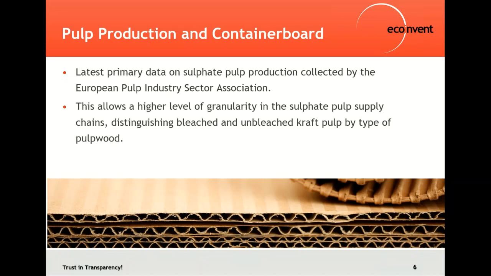So this is allowing, again, a higher level of granularity in the sulfate pulp supply chains. So now we are able to offer the distinction between bleached and unbleached kraft pulp, and also by type of pulpwood, so soft and hardwood.